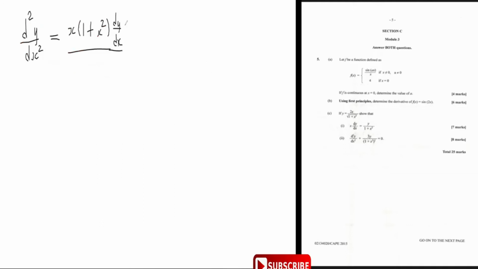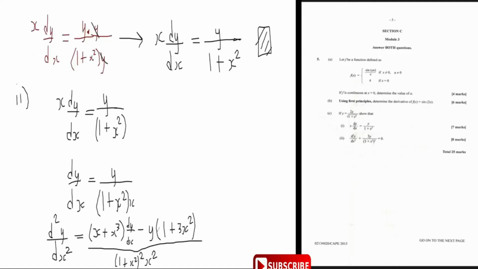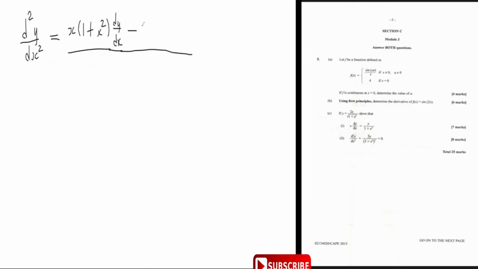Let's just continue writing it out. So x times 1 plus x squared, minus, expanding the y, minus y minus 3x squared y, over 1 plus x squared, all squared, times x squared.